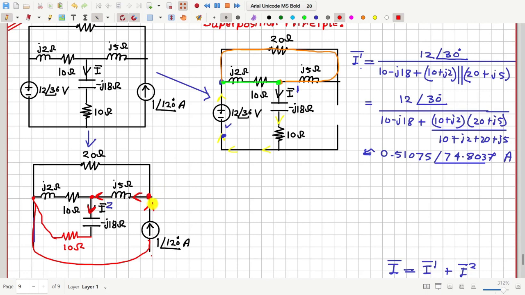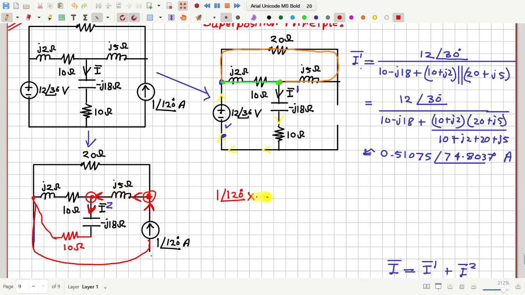So therefore we will apply current divider rule twice, once here and then here, to get the value of I2. So let us calculate. Notice carefully. At this point the total current coming in is 1 angle 120 degree. Then there are two paths. How much goes through the inductor?